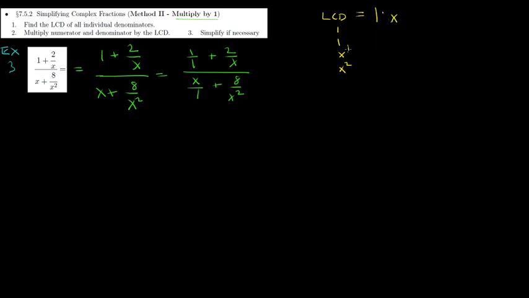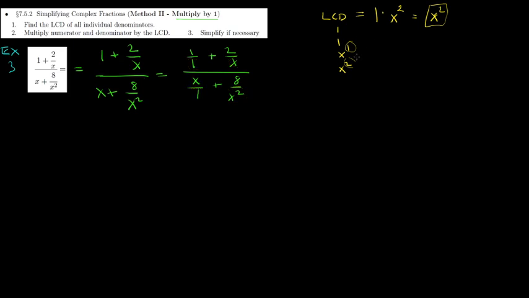We pick the bigger exponent. Out of the 1 and the 2 here, what's bigger? 2. So 1 times x squared is just x squared. So our LCD is x squared. We're finding the LCD out of all 4 denominators, so don't get confused with just the top or just the bottom. Okay?